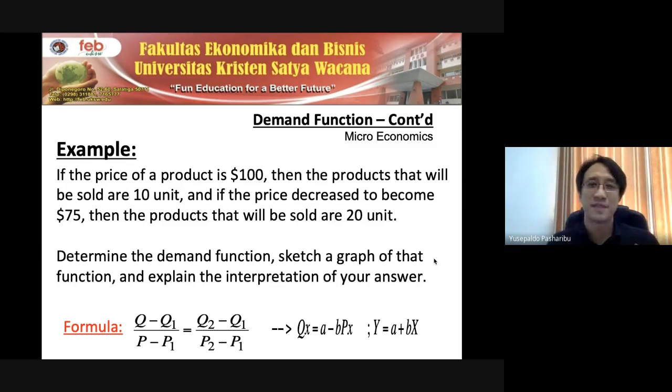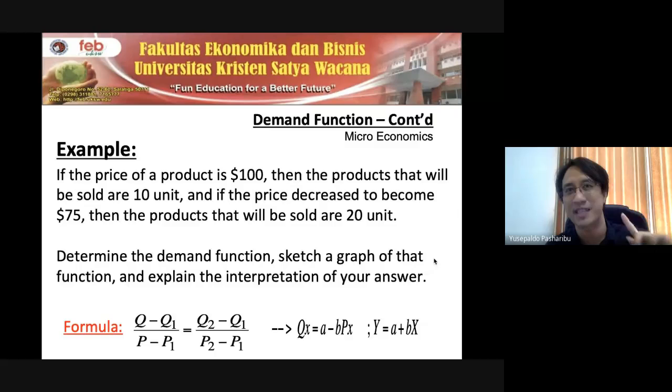Remember, if we already know two coordinates, then we can use the two-coordinate method. Last week, in the previous tutorial, we learned how to create a linear equation with two methods.